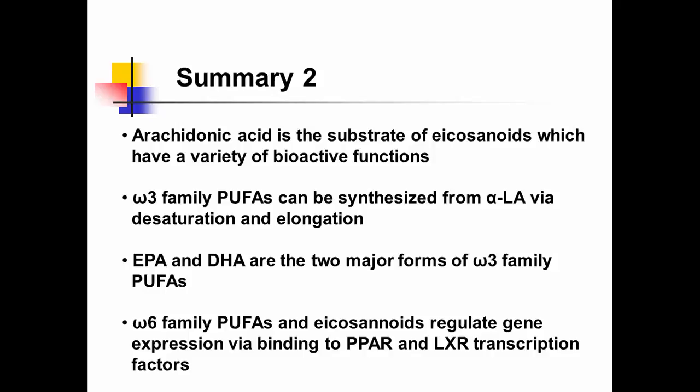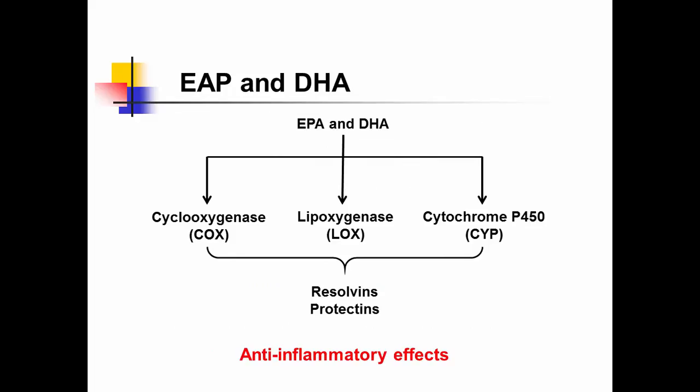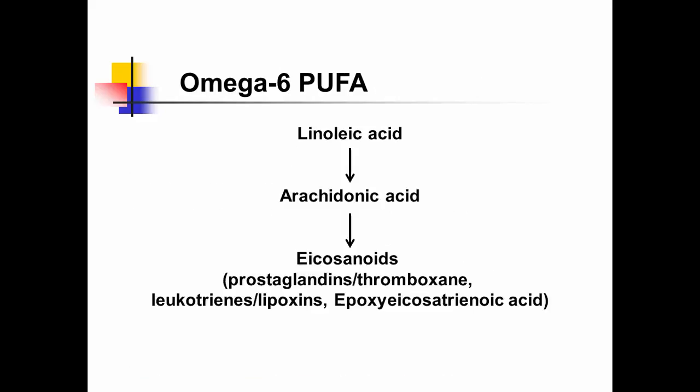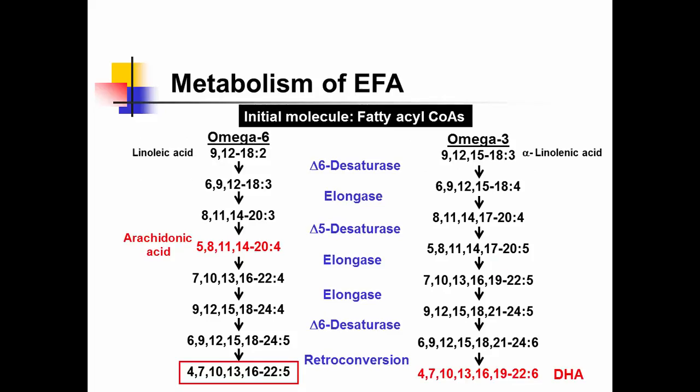Quick clarification question. You had said that adrenic acid was 22 carbons with 4 double bonds on one side, and then you said it was 5 double bonds on the other one. Really? Let me check. Is it 4 or is it 5?